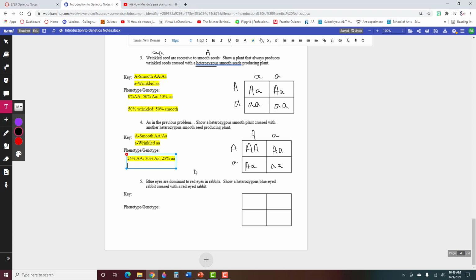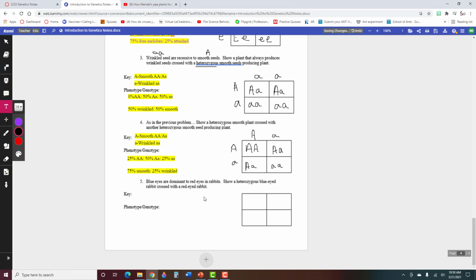And then for phenotype, what do the plants look like? So 3 out of the 4 inherited at least one capital letter A, so 75% are going to be smooth, that's the dominant trait, and then 1 out of the 4, which is 25%, is going to be wrinkled.